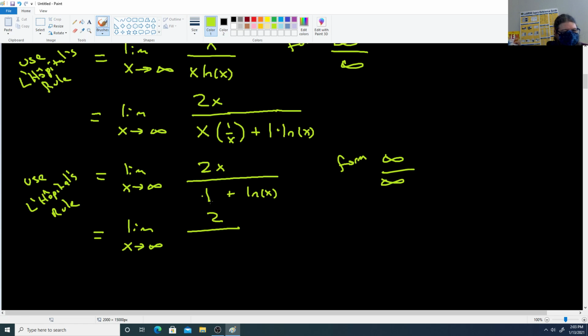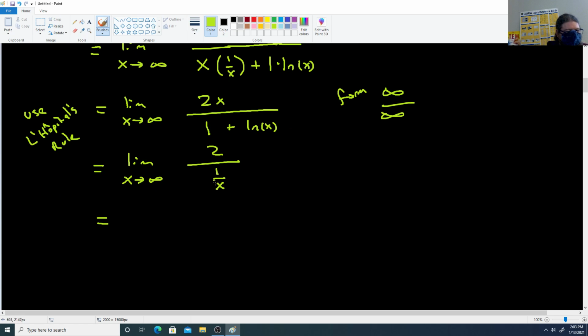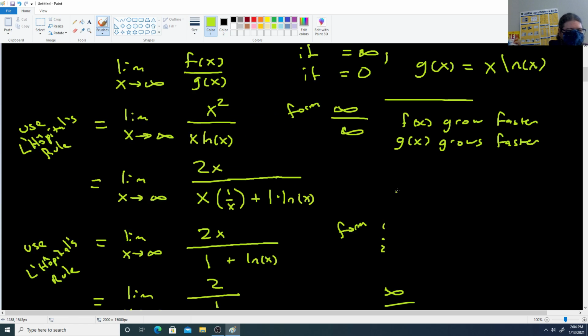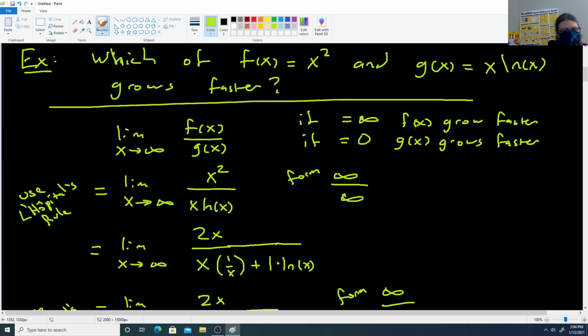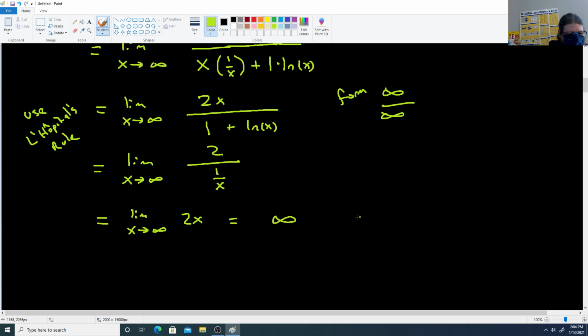The derivative of 1 is 0, so that goes away. And the derivative of natural log of x is 1 over x. When you have 1 over x down in the bottom, you're able to shift that back up to the top. So this will be the limit as x approaches infinity of just 2x, which is infinity. So that means f of x grows faster than g of x.